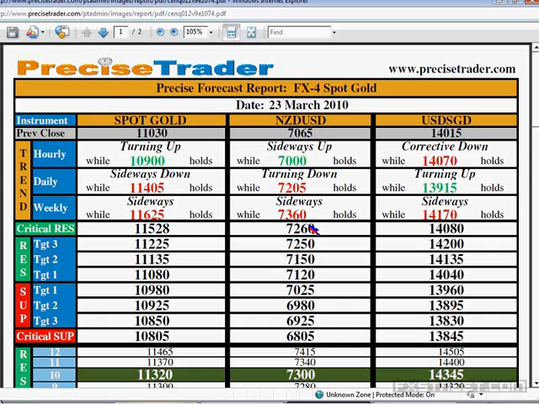So let me show you and discuss this example on New Zealand USD. This New Zealand USD, the previous close is 7065, which means the US close. We usually use this level as a benchmark in taking our trading decisions.